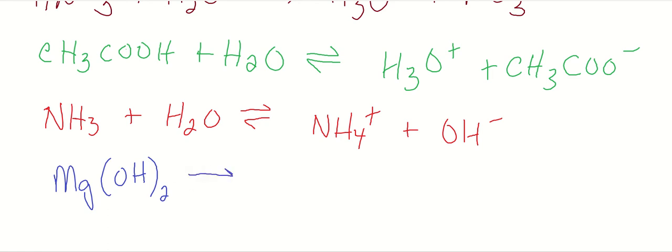All right, but the little bit that does dissolve is going to completely ionize. The group 1 hydroxides and group 2 hydroxides are strong bases, though. Now group 2 hydroxide compounds, most of them don't dissolve very well. But you're going to get the magnesium ion, hydroxide ions.